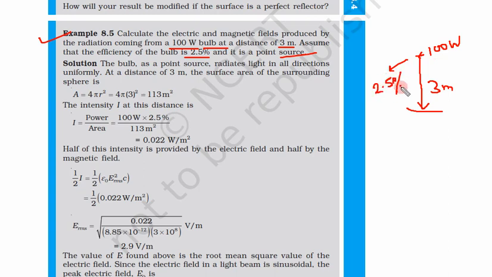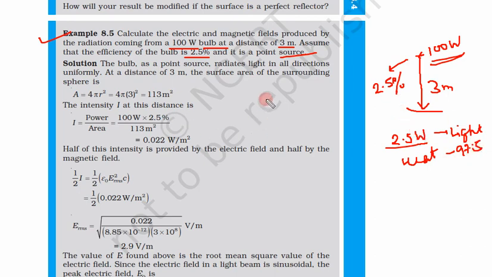The meaning of this 2.5% is that it is consuming 100 watt, but only 2.5% of that, which means 2.5 watt, is converted into light. The rest is converted into heat. 97.5 watt is heat. Only 2.5% is converted into light.